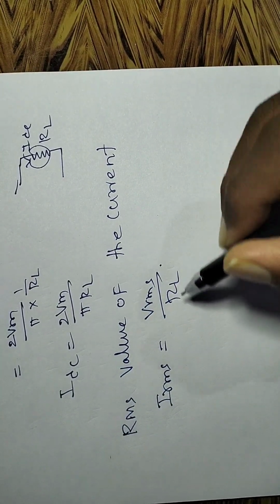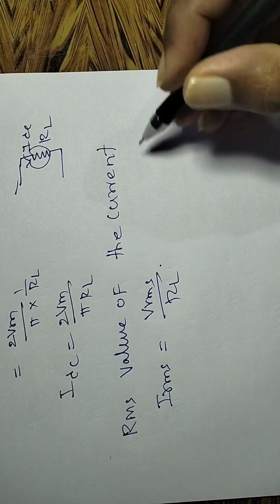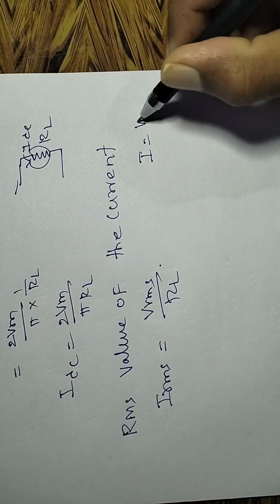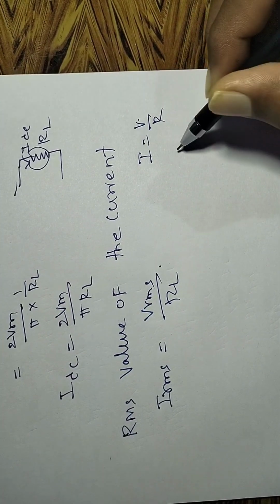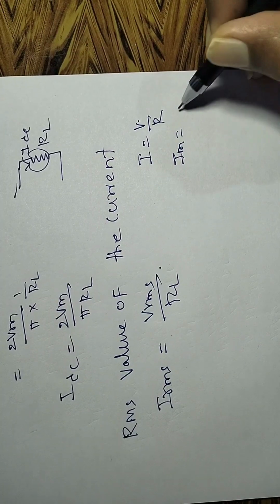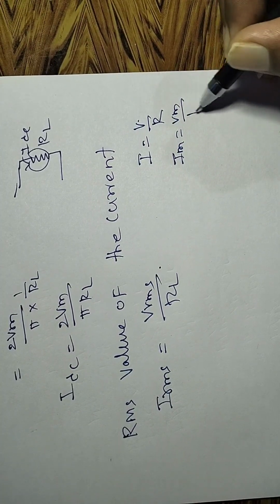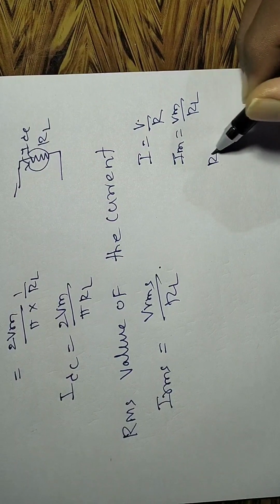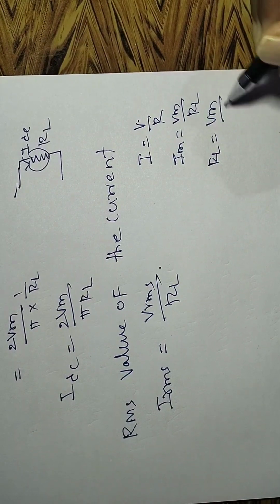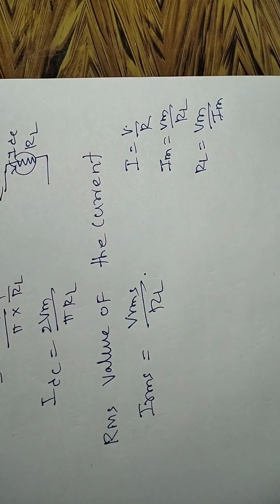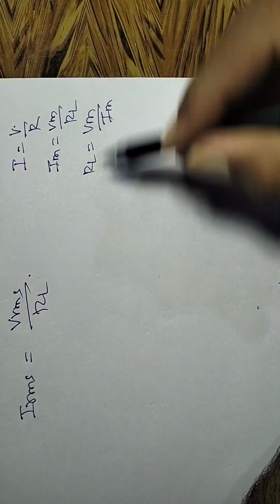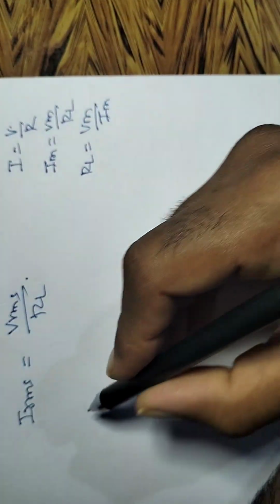Now look here, I equals V by R, that is maximum current Im equals maximum voltage by RL. So this can be written as RL equals Vm by Im. Now this expression we are going to replace in place of RL.